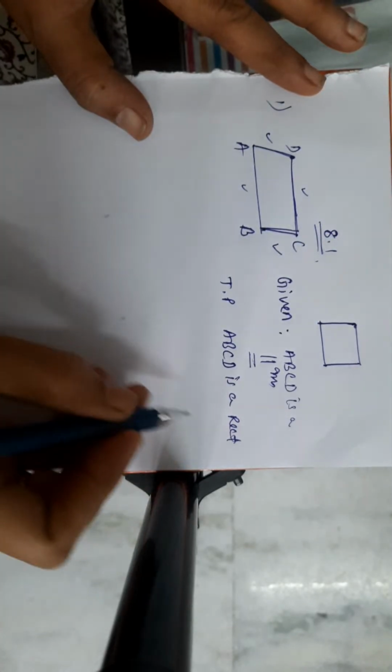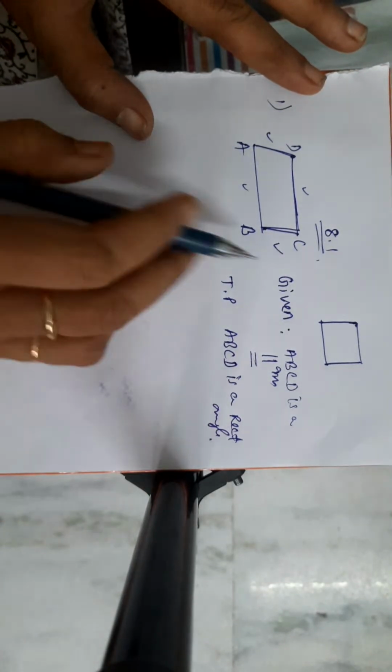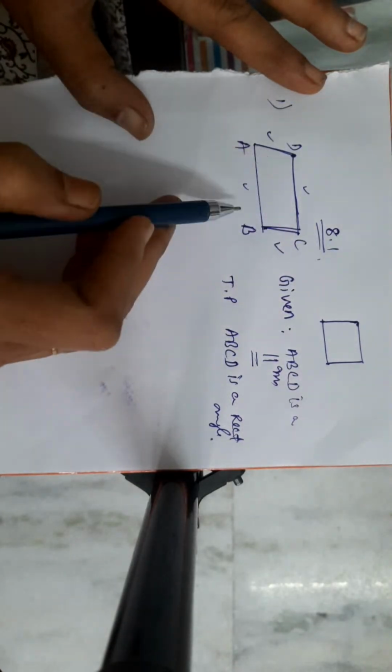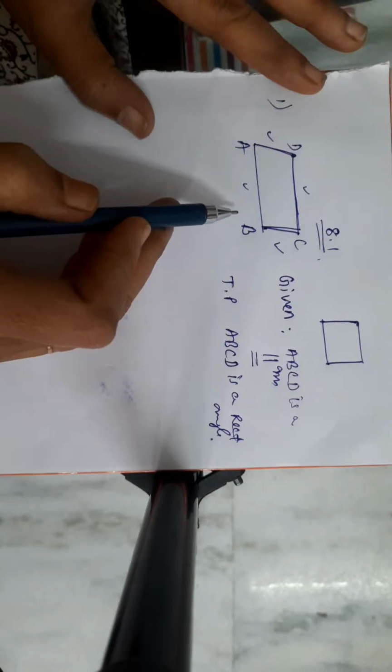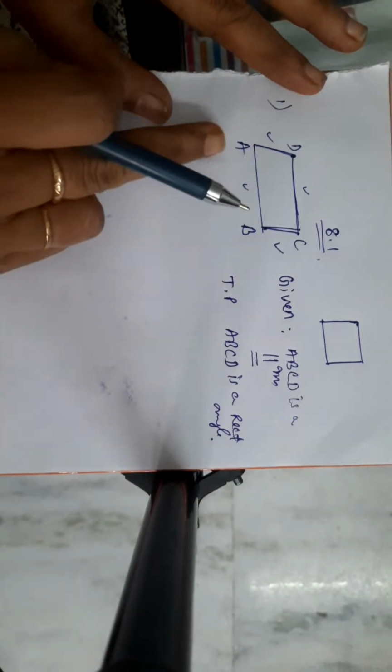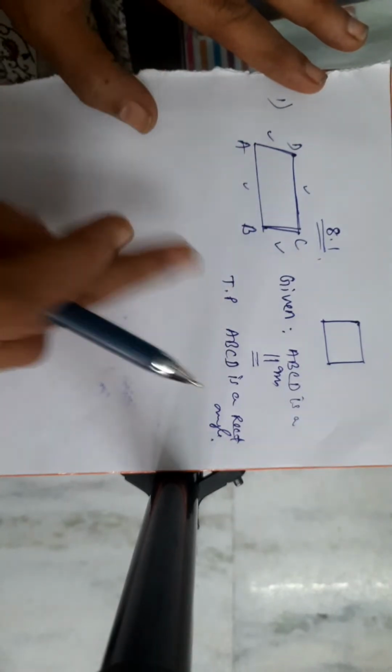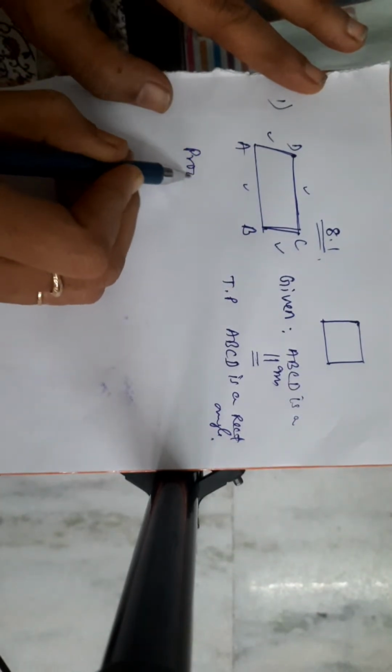So given, to prove and diagram are the 3 important parts you need to start with. You need to write what is given, draw the figure as per the question, then write to prove. Now let's move to the proof part.